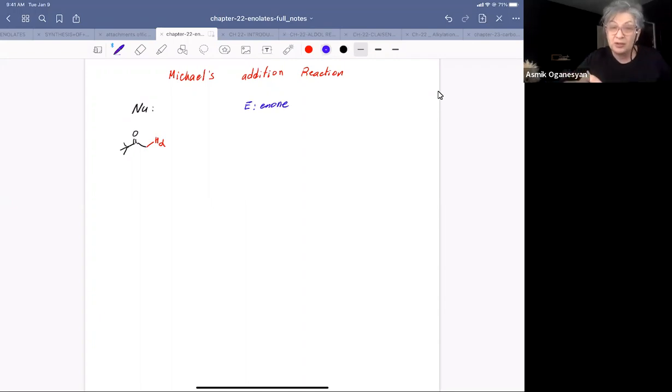Now, what is an enone? Enones are the compounds in which we have both a double bond from carbon to carbon conjugated with the carbonyl.